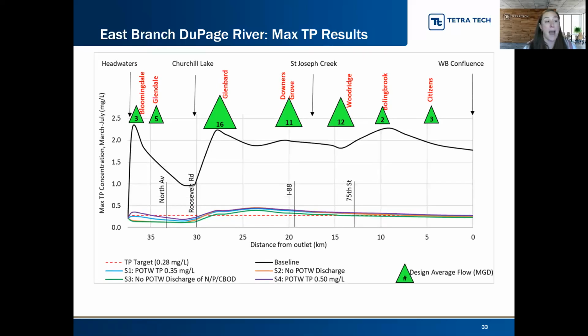So when looking at maximum total phosphorus, we see that the in-stream target is not met in every location for the East Branch, but part of the reason for that is there is such high total phosphorus associated with the Churchill Lake area. I've got a picture and a couple of slides, and the aerial imagery shows that the side bits of the Churchill Lake area are bright green.